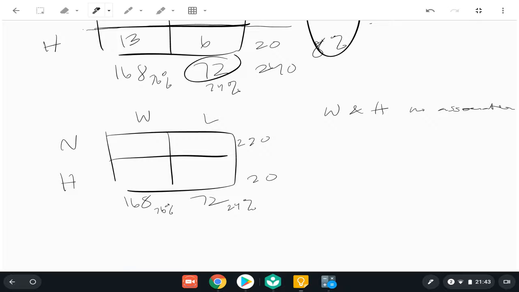So if I just do along with the rows, and I just do, what is it? 20 times 0.76. Okay, let's try out this funky math.